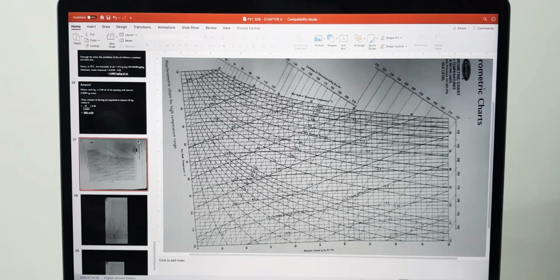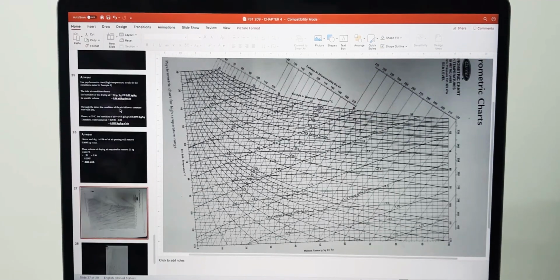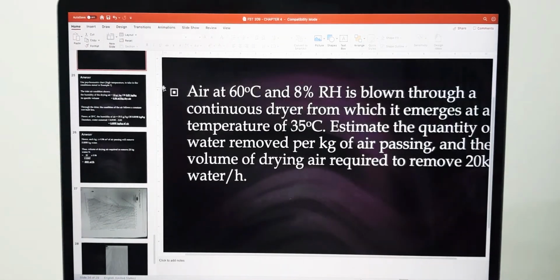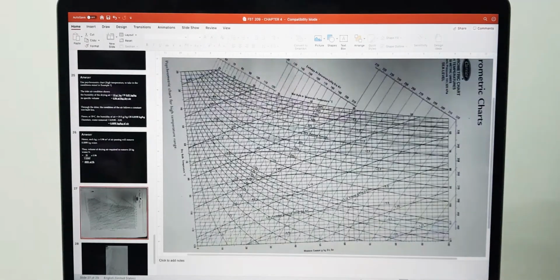Just now the problem statement mentioned air at 60 degrees Celsius and 8% RH. This one is dry air. So what you need to do is take a look at your psychrometric chart. You need to look for the value of 60 degrees Celsius.